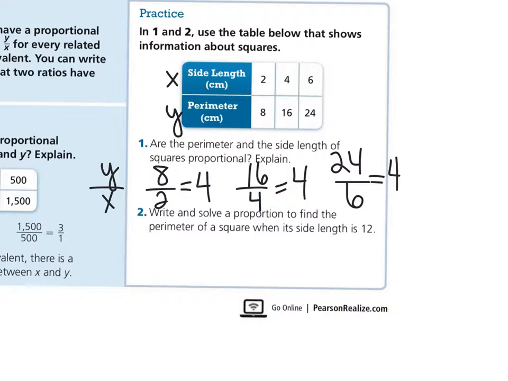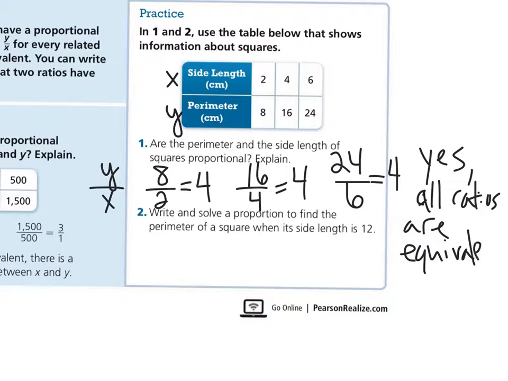Since our ratios are all equivalent, we would say yes. All ratios are equivalent, or we could say they're all equivalent to 4 over 1, or they're all equivalent to 4.